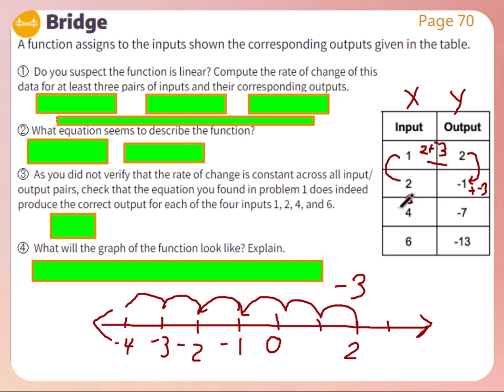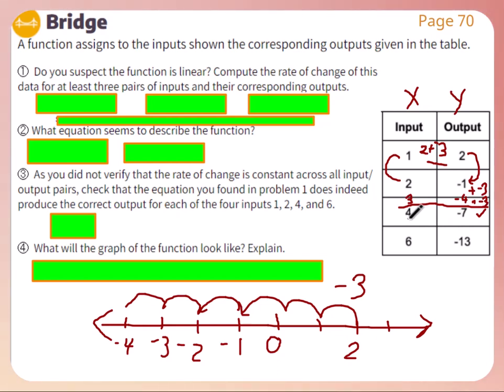Okay, so we skipped 3, but I'm going to put that row in there. 3, negative 4. Now let's keep using that rule of adding a negative 3. You can also think of it as subtracting 3. Negative 4 plus negative 3 is negative 7, so that checks.